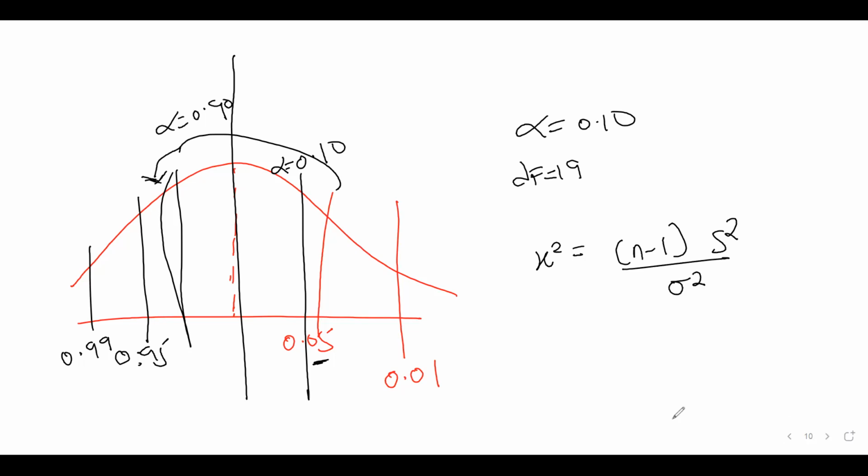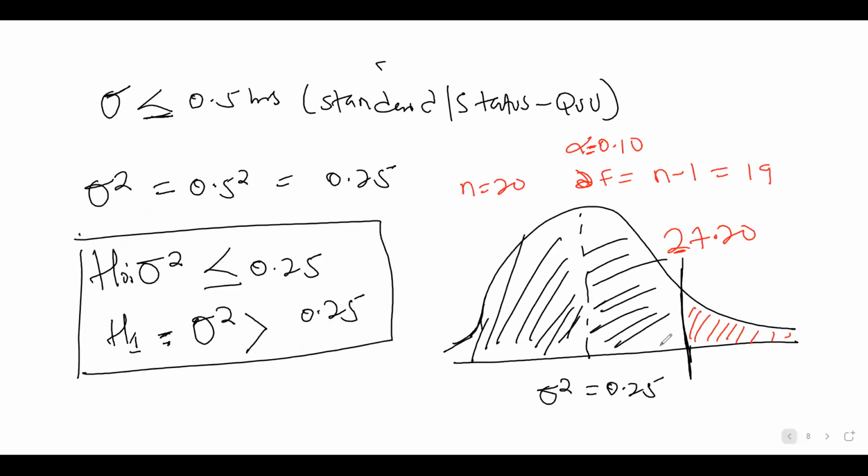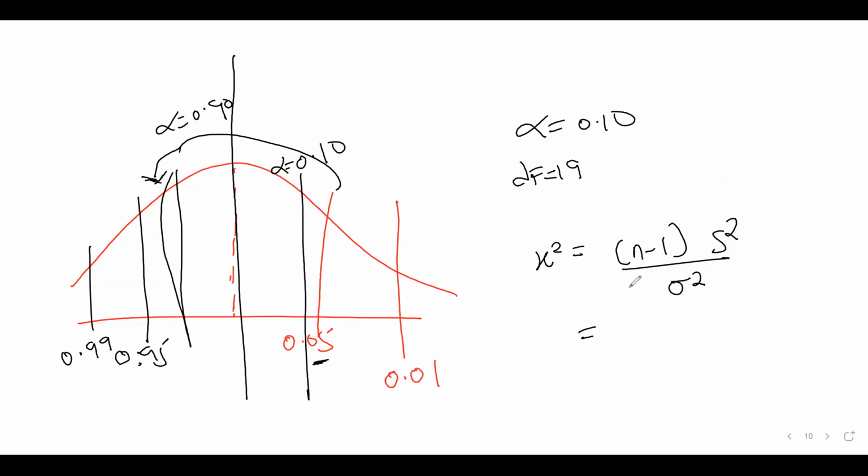So in our question, the population variance, remember, based on the hypothesis we stated, is 0.25. And the sample size is 20. So we have 20 minus 1. The population variance is 0.25. Then the question has given us the sample variance.